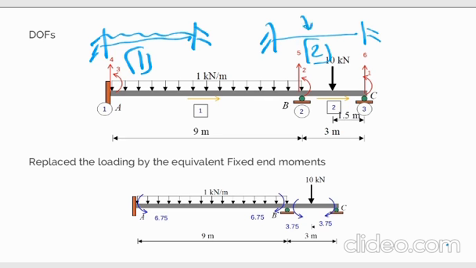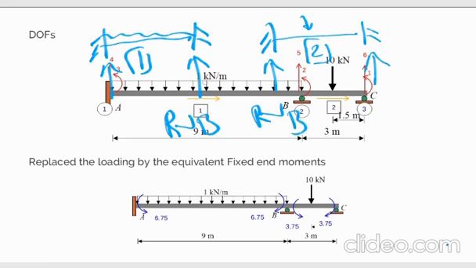Okay, when I find the relation here, I have the same relation. This point is B. I mean the vertical reaction at B and the vertical reaction at B. It's the same sharing point, so it's a summation.